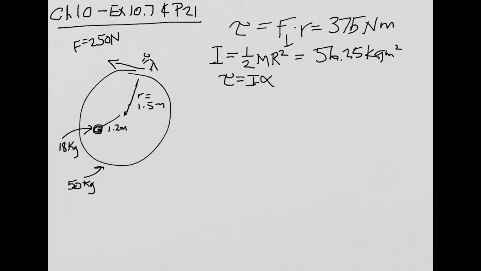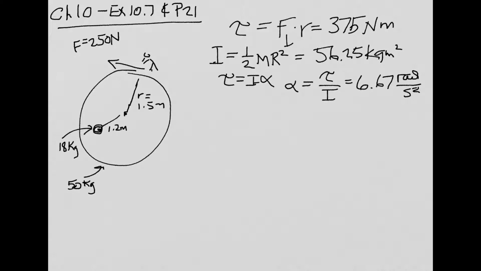So in this situation, alpha equals tau over I, which is 375 newton meters divided by 56.25 kilograms meters squared, and we get 6.67 radians per second squared.